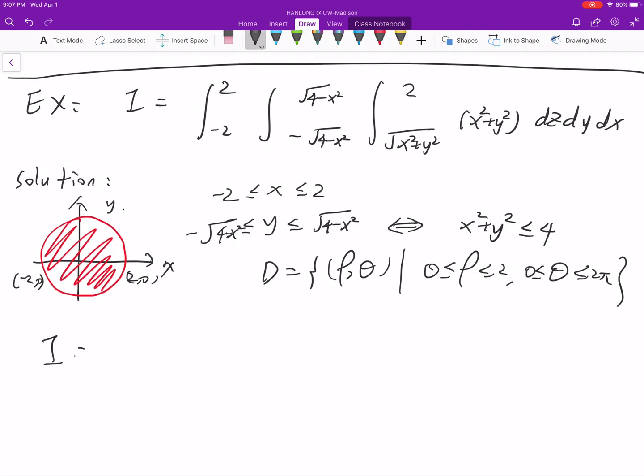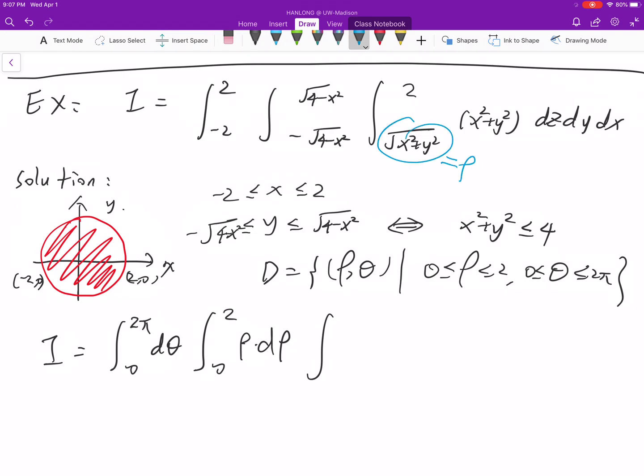Therefore, the integral is 0 to 2 pi d theta, 0 to 2 rho d rho, and then this is rho, so you have z from rho to 2, and this is rho squared, so rho squared dz.